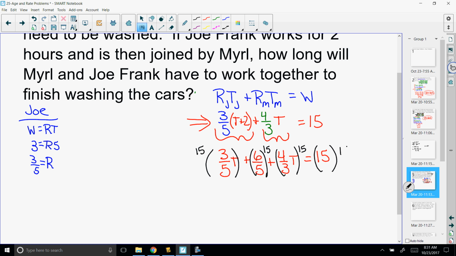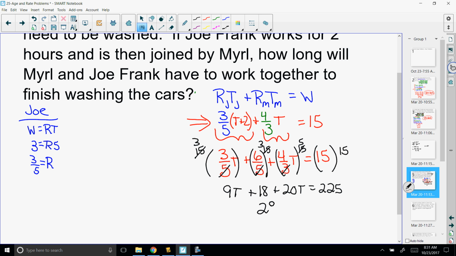All right, 5 goes into 15 3 times, and you end up with 9T plus 5 goes into 15 3 times, which leaves you with 18, plus 3 goes into 15 5 times, so you get 20T equals 15 squared, 225. You don't like that large, you can work with fractions if you want, I don't care.